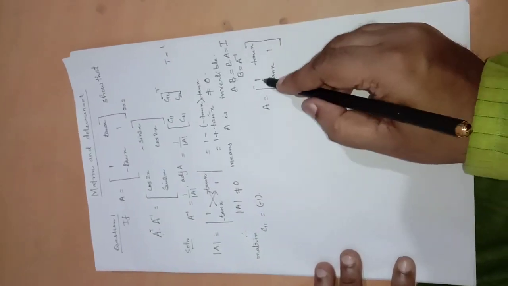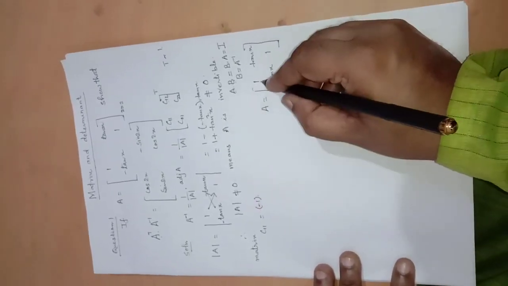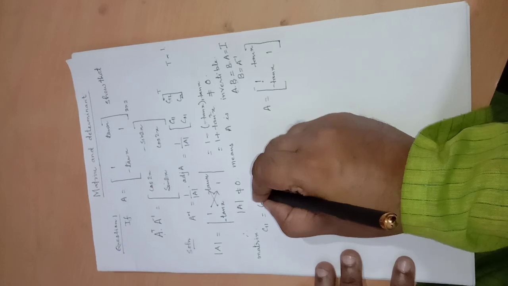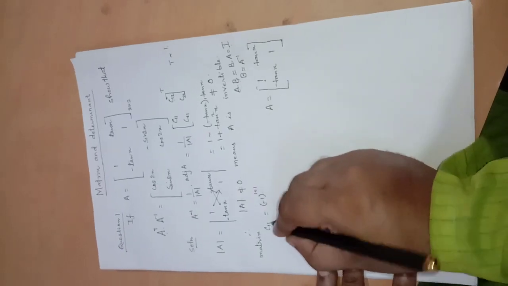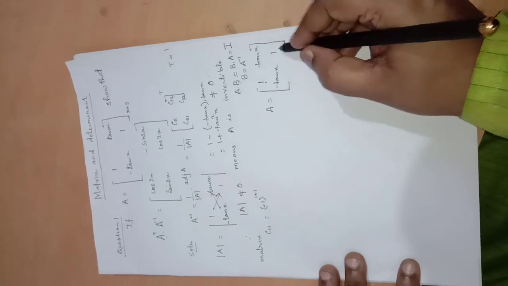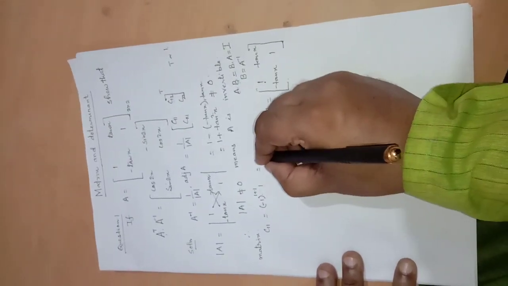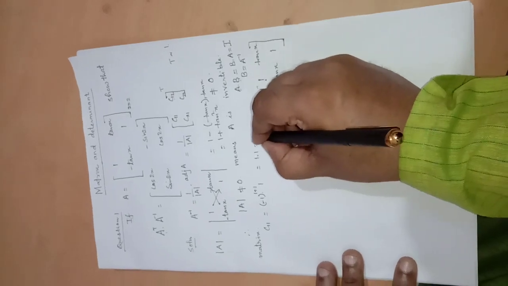We have to find the cofactor of the first element. It is in the first row and first column, so it is minus 1 to the power 1 plus 1. Now we will remove this row and this column. We are getting 1, so it is 1 into 1, equal to 1.